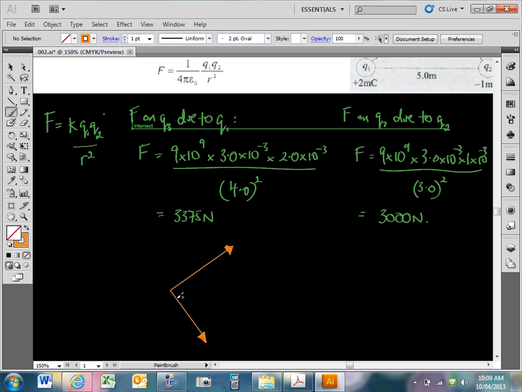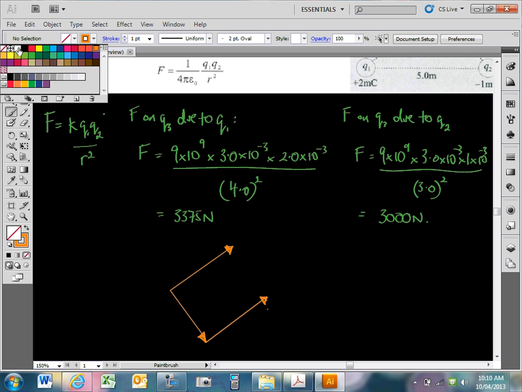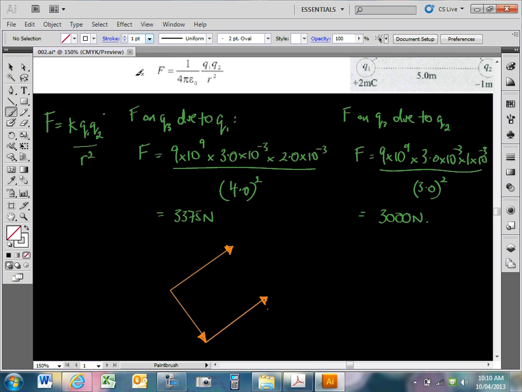I'm going to add these vectorially. I could move this one down and add them, or I could move this one up and add them. The last time I moved it up. I'm going to move this one down here. Same vector, just a different position in space. And then I'll label them. Labeling them is a good thing to do.